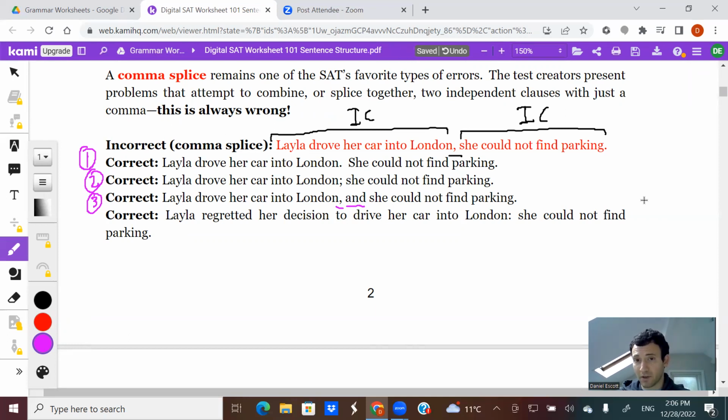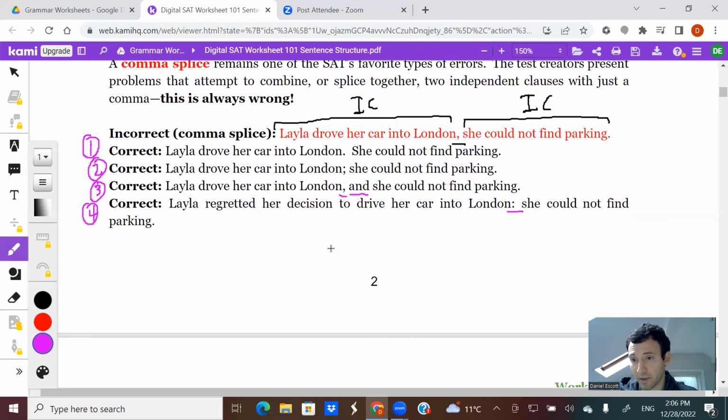It has to be one of 7 special words to allow the comma to stay there in order for the 2 to hold up. And then the last one is we can use a colon. So these are your 4 options for combining 2 independent clauses. Nothing else is okay. Okay, I'll repeat that. Nothing else is okay.